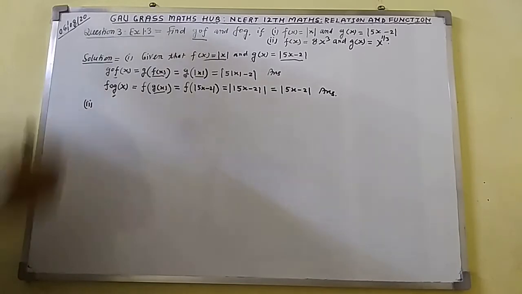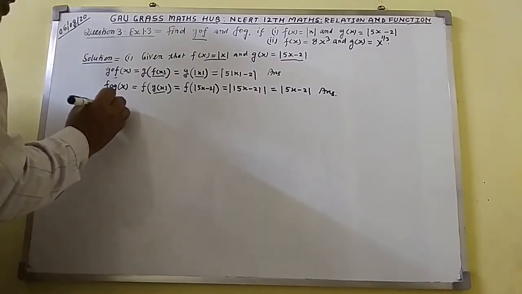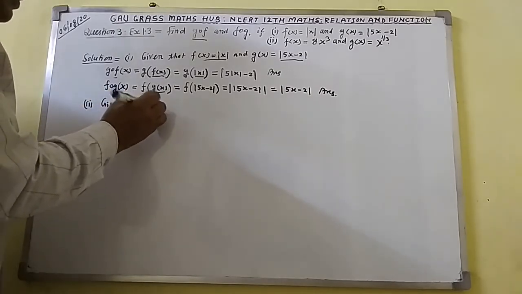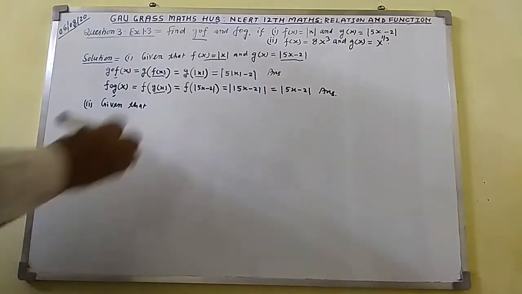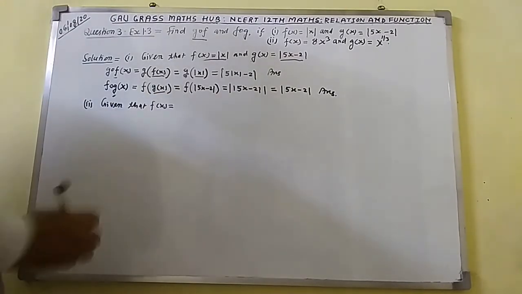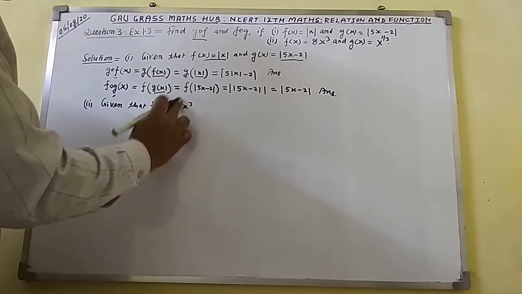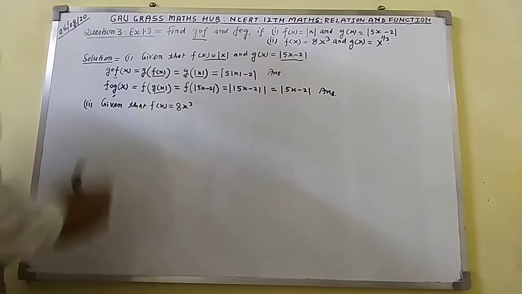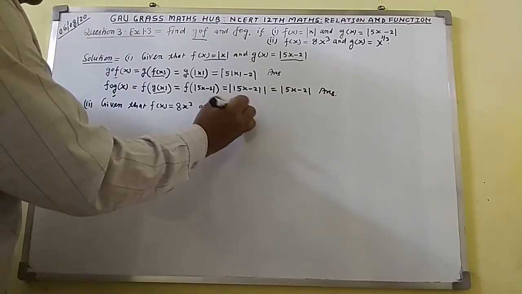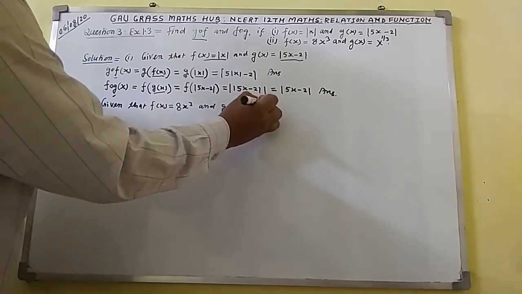Question number 2 here I shall write. Here it is given that f(x) equal to 8x cube and g(x) equal to x raised to power 1 over 3.